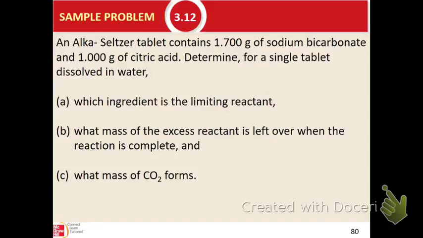Which one's going to be your given? Your given is going to be the one you run out of. So you're going to do this exact process again, only this time your given is for sure your citric acid, because it is your limiting reagent. So I'm going to use 1.000 grams of my citric acid.